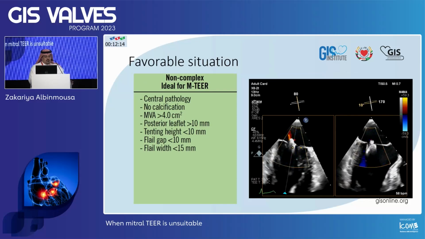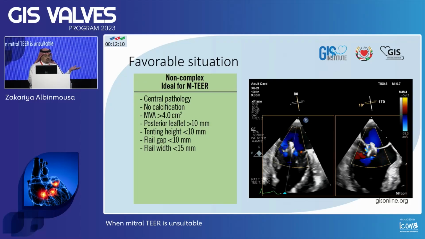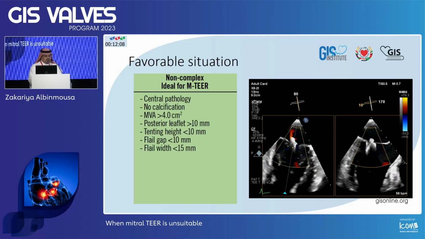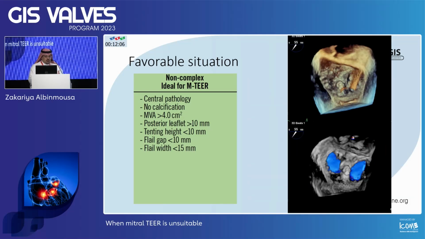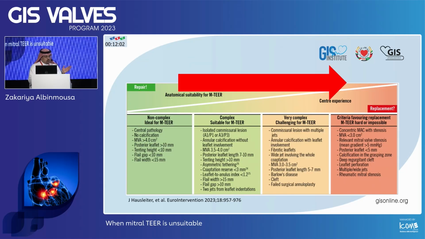This will give you an excellent result, from severe mitral regurgitation to almost zero mitral regurgitation, even with one device. However, as you move toward the right, the complexity of the procedure will be more.